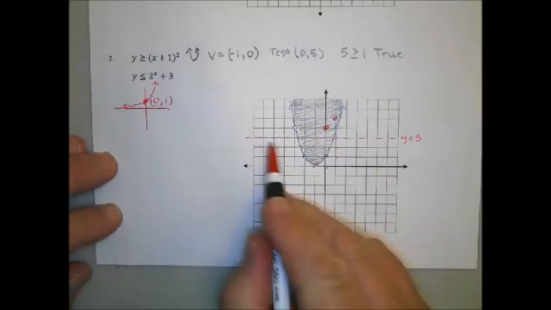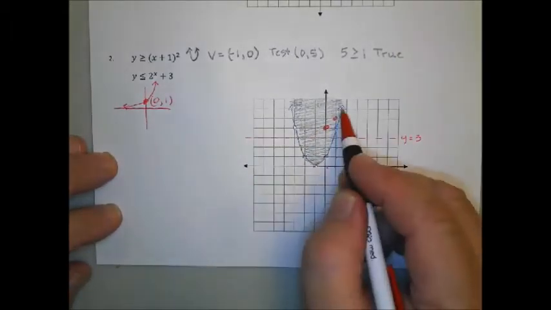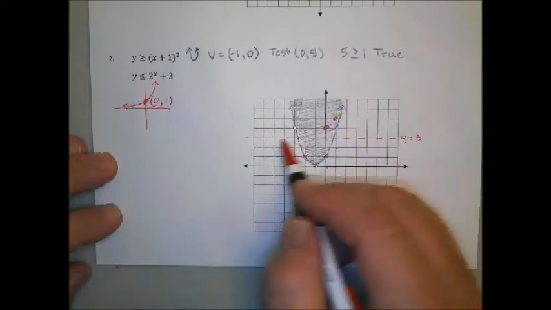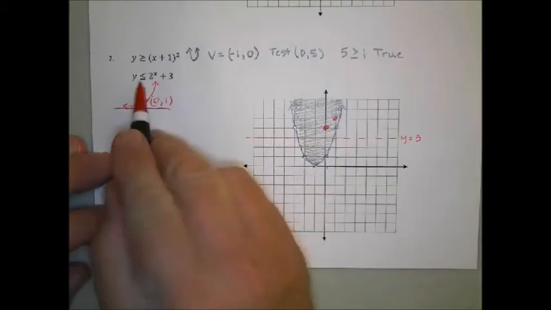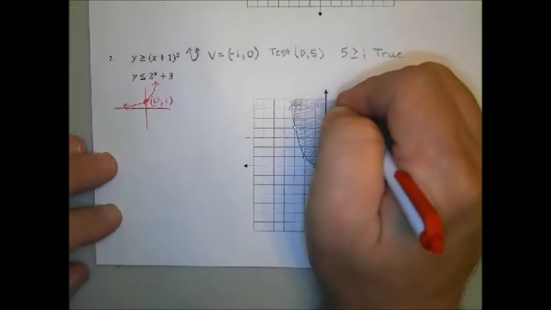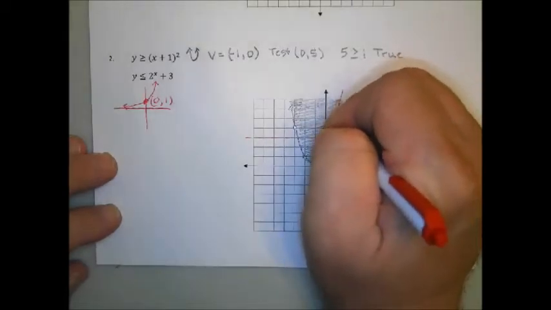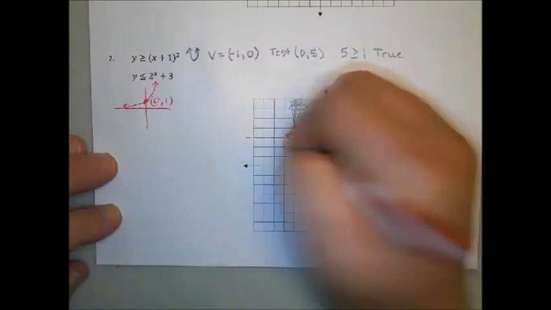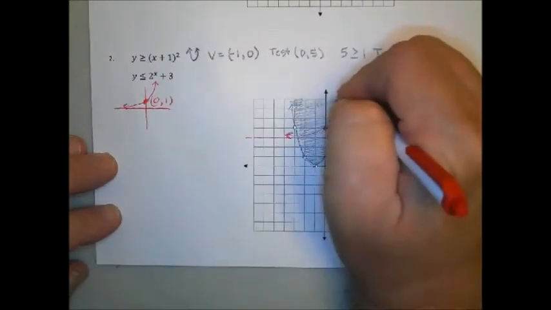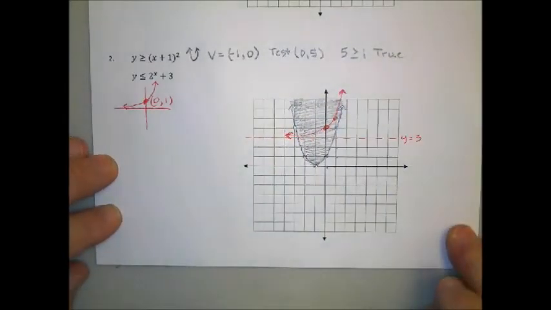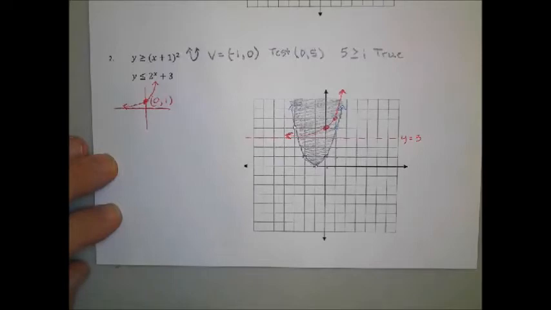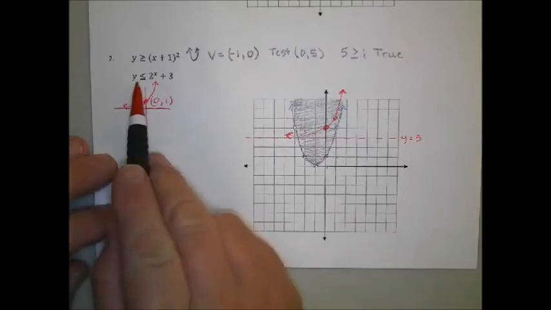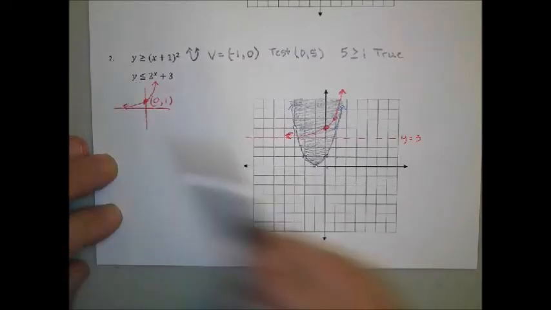Now remember, this is an asymptote, so that graph can't drop below that line. And since it's less than or equal to, I do get to represent it with a solid line. So it's doing something like that. Now the next question is, where do I shade on this one? Well, since it's less than or equal to, you could do a test point if you want.